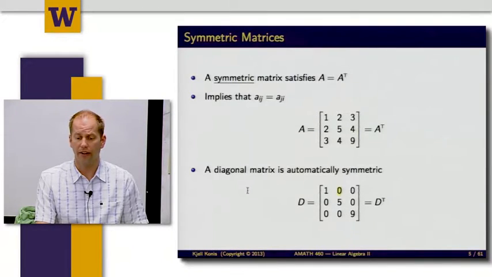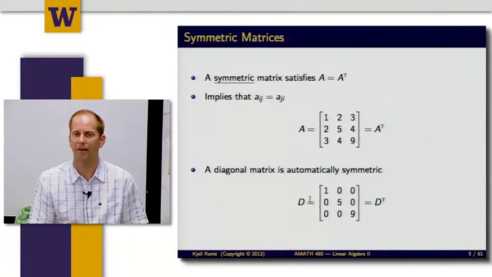So this is D_11, D_22, D_33. If I switch the order of those subscripts, they stay the same. So a diagonal matrix is automatically symmetric. And the important thing here is that when I have a diagonal matrix, if I take the transpose of it, I just get the matrix back.